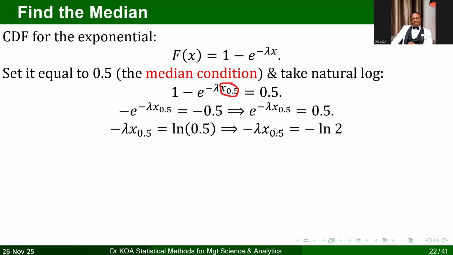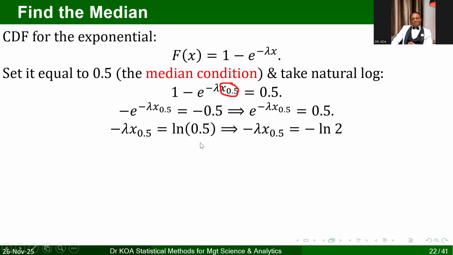What's the natural log of 0.5? It's 2. Okay, so the natural log of 0.5 is 2. So you take the log, is it 2? Is it 2?